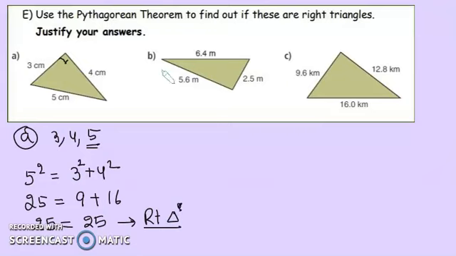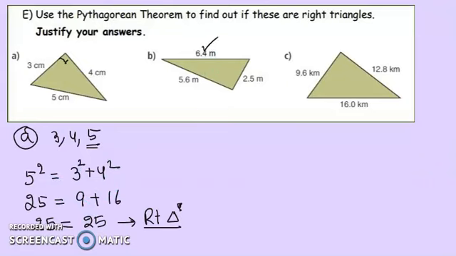The similar method you will have to follow for these two. These two questions I am giving you as homework to try, and you have to follow the same method which I have taught you here. Find out which one is the longest side.